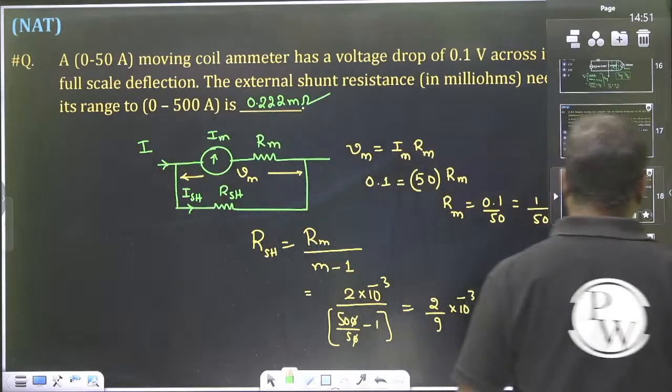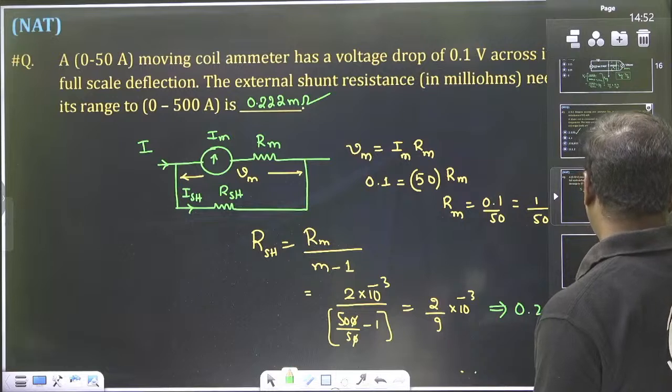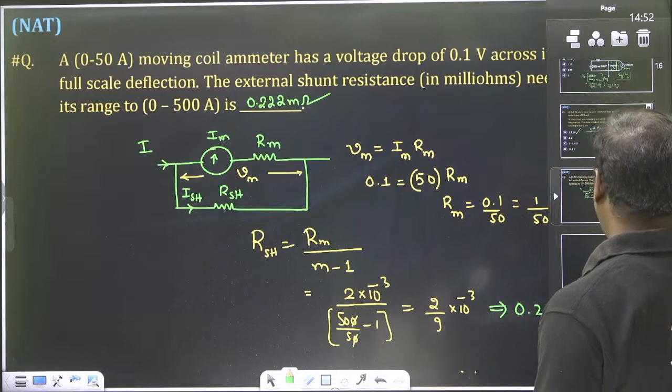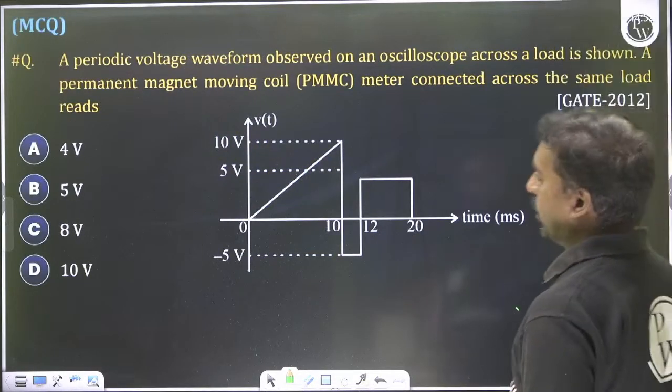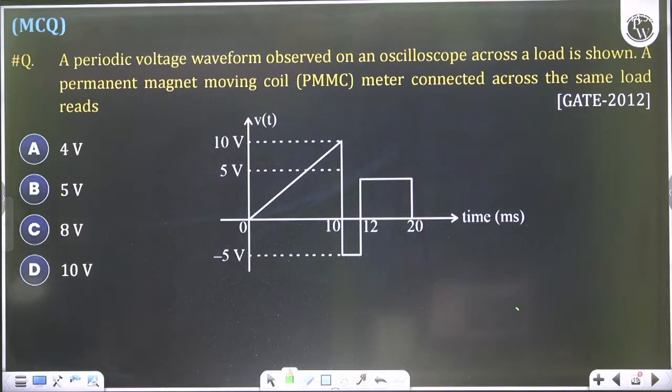Okay, let's go for the next question. Try to answer this question. GATE 2012 question.